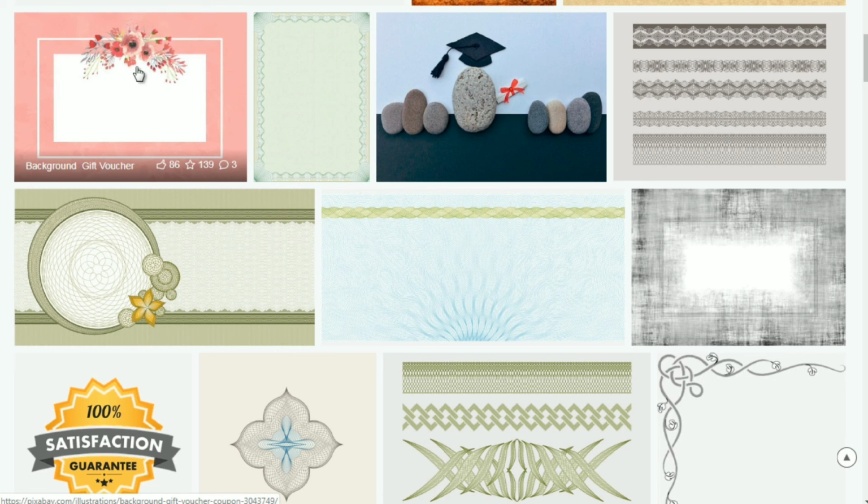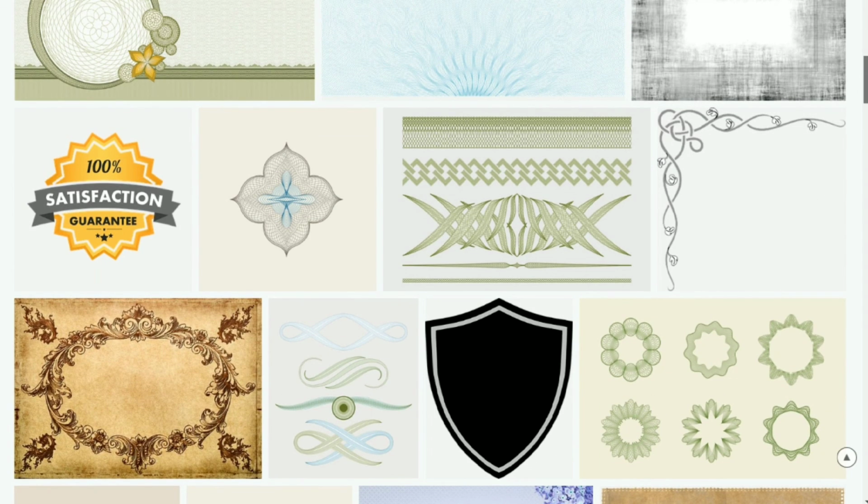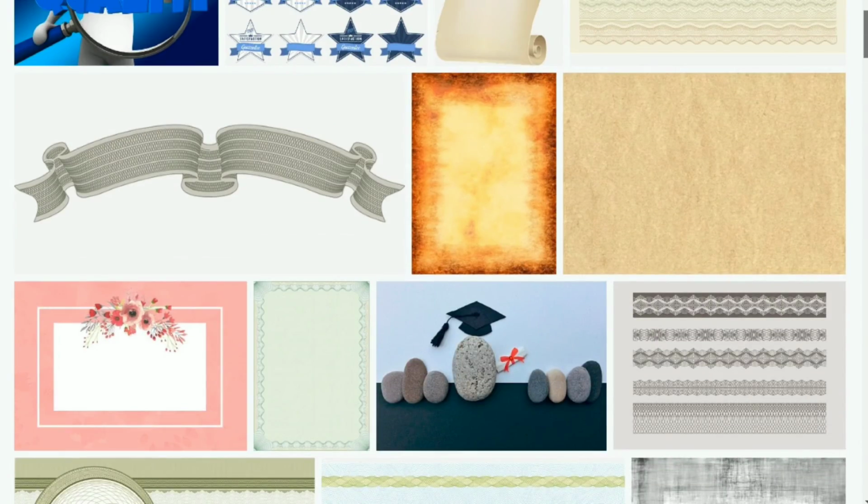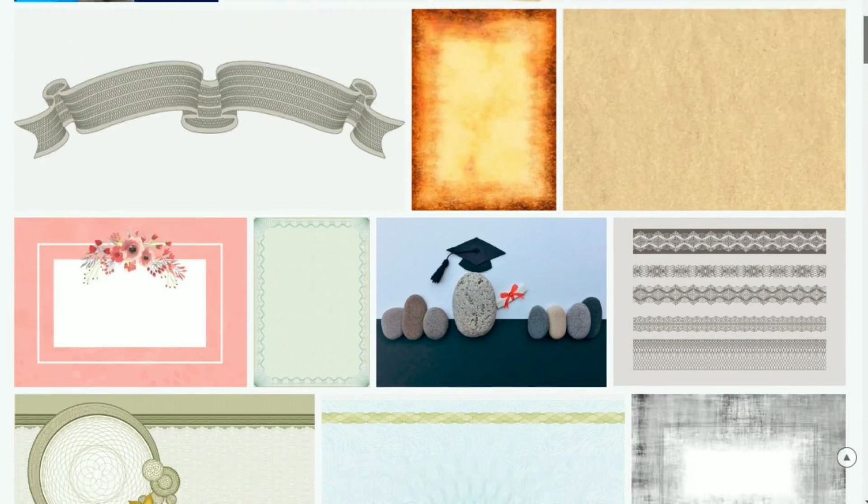So it's okay to have some words, but you do want to have some bare spots. If you had a certificate that had a lot of words like this, that would not work. So all you need to do is simply download one of these.